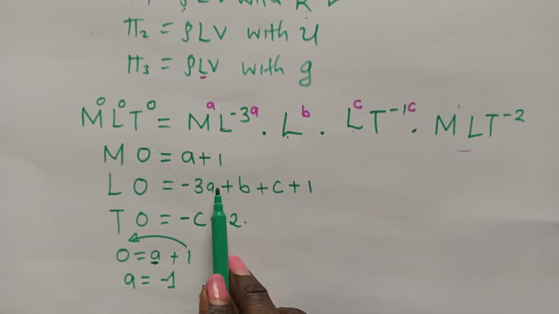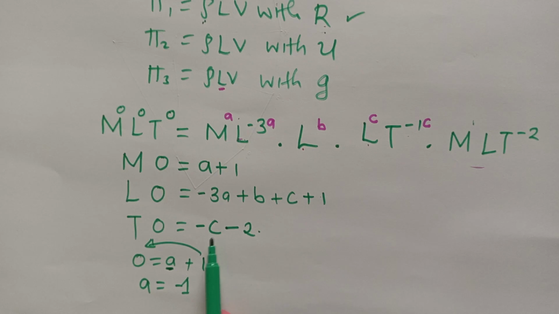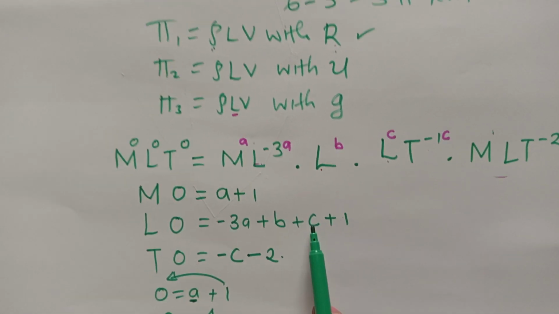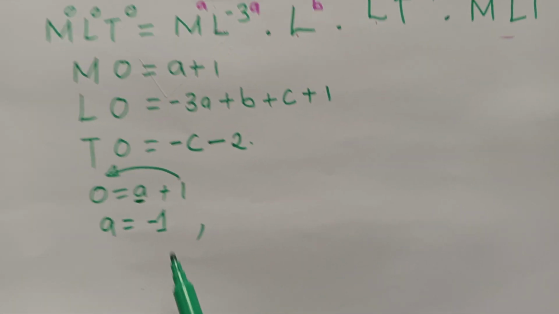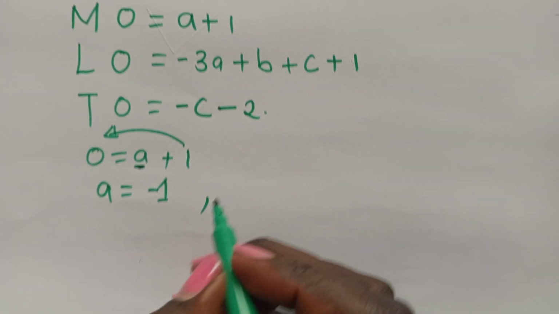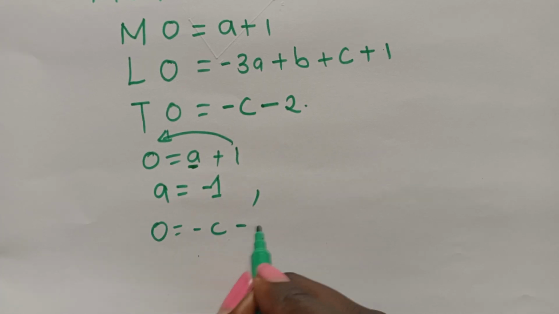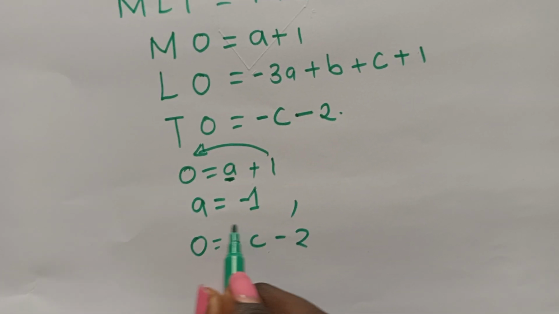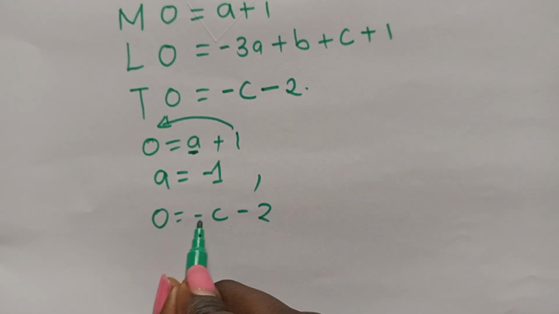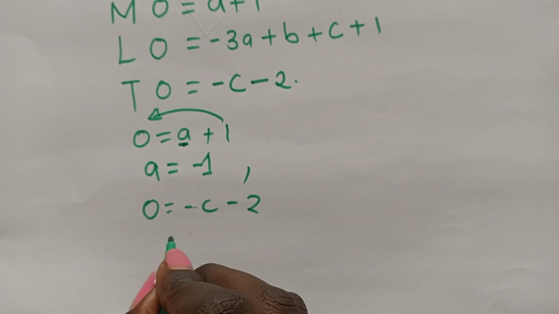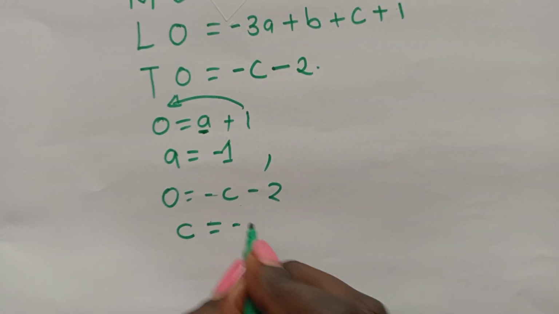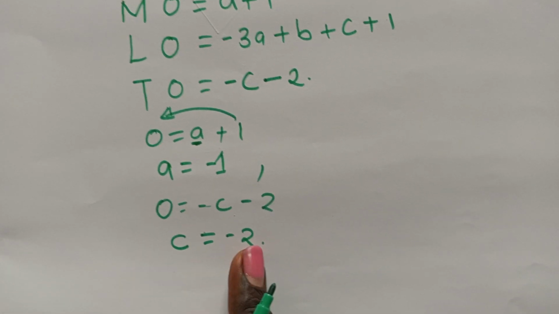So we can simply leave this a bit and then deal with C so that we can come back and get C and A as our 2 knowns. So this would now be 0 is equal to negative C minus 2. So it's easy for us to take C on the other side to remove this negative. So this is C being equal to negative 2. So that's our value of C.